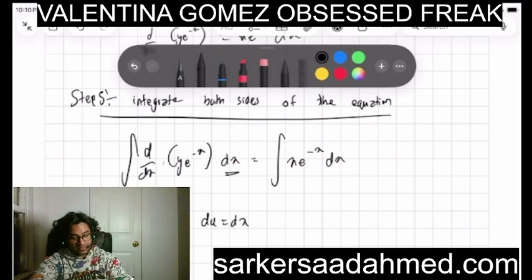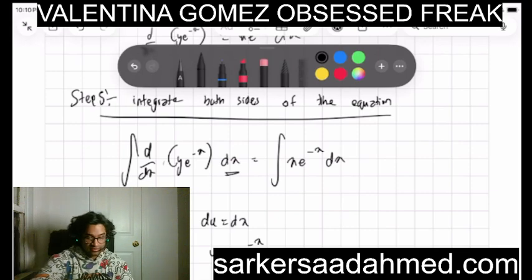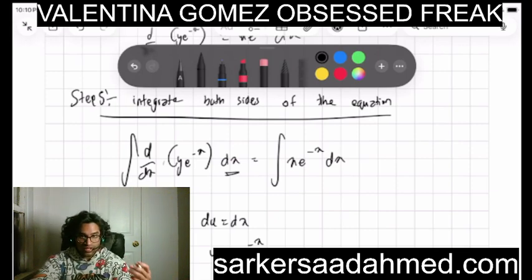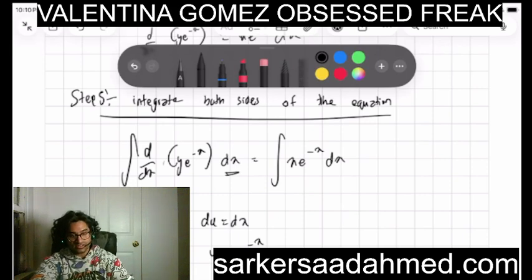And dv would be e to the power minus x, and obviously v would be minus e to the power minus x, because if you differentiate that, it ends up as e to the power minus x. So now what you can do is uv plus integration of v du.